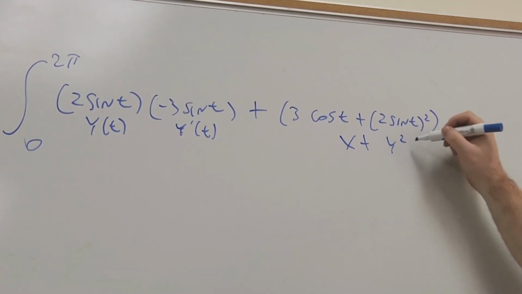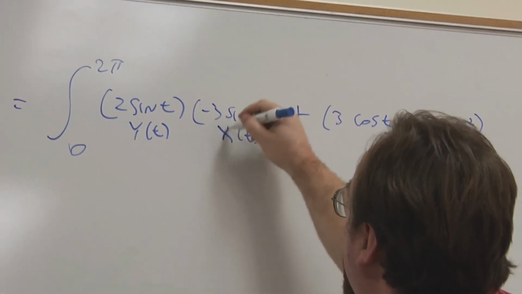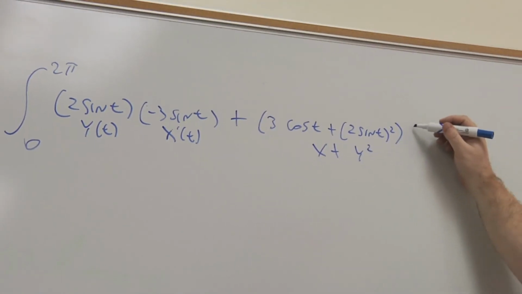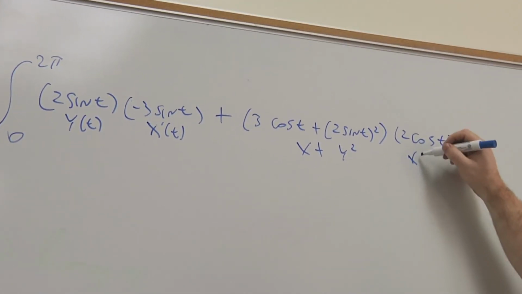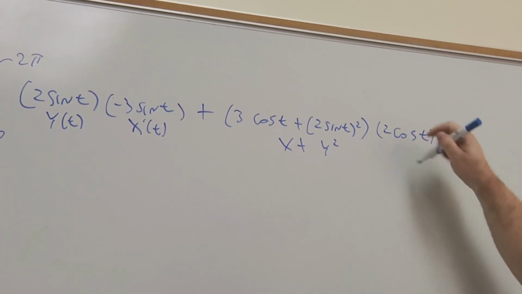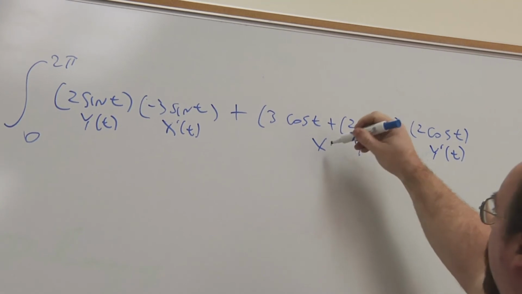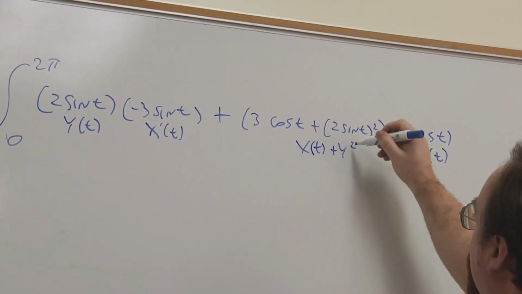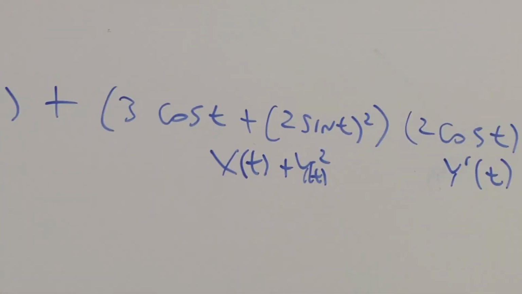Wait, so is the first one x prime of t? Yes. And then now we have y prime of t over here, so that's 2 cosine t. That's y prime of t. And this is x of t plus y of t squared dt.